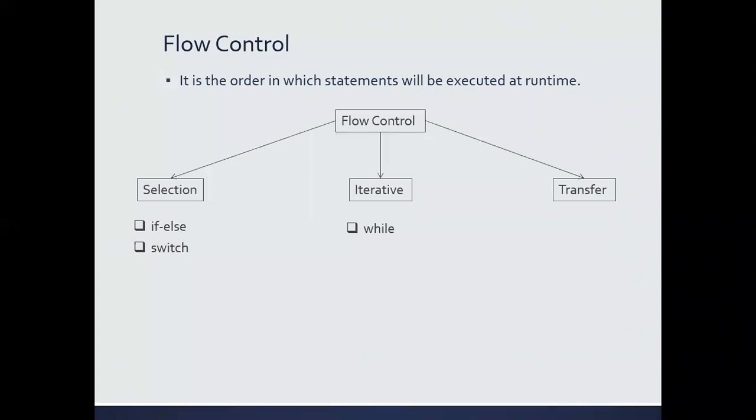Now, if you have to do it 1,000 times, is it not a big headache? So in that case, we'll be using loops. We'll see that once we get there.